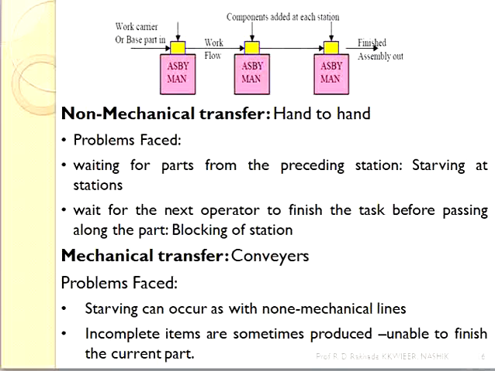If your current task is complete before time, then first you need to wait for the preceding station, and second, you wait for the next operator to finish that task. The second method is mechanical transfer, or use of a conveyor. The same problem arises, and you are unable to finish the current part properly.